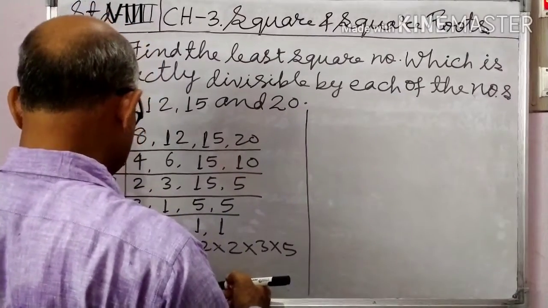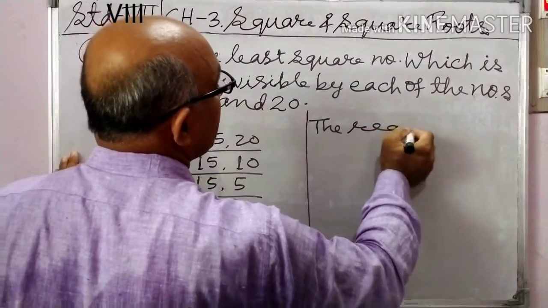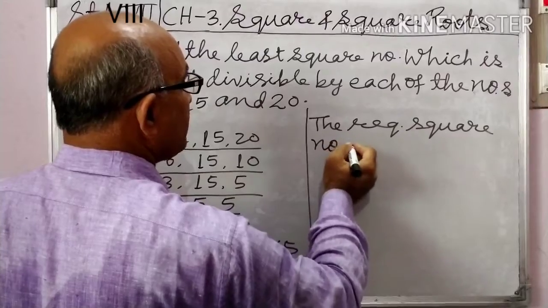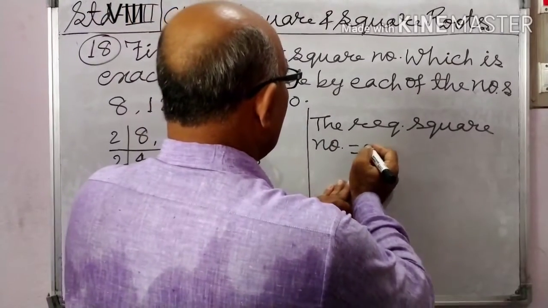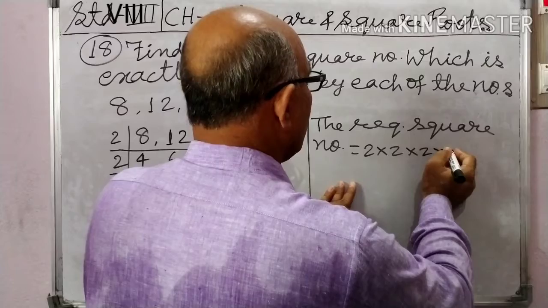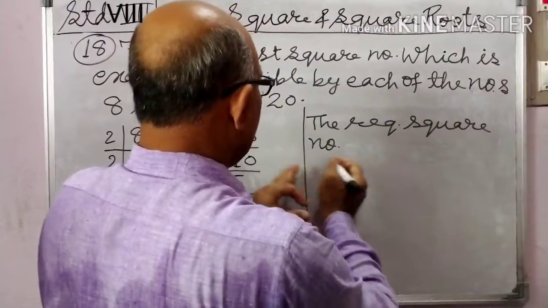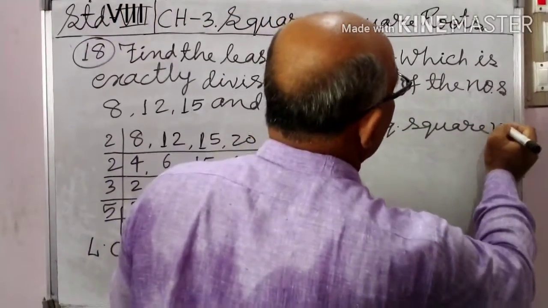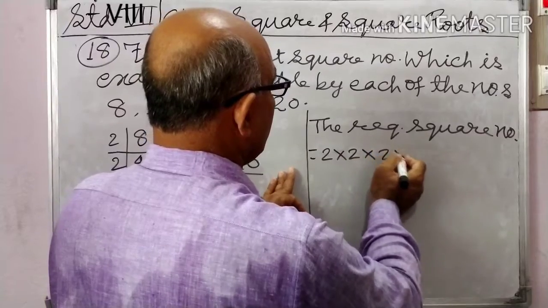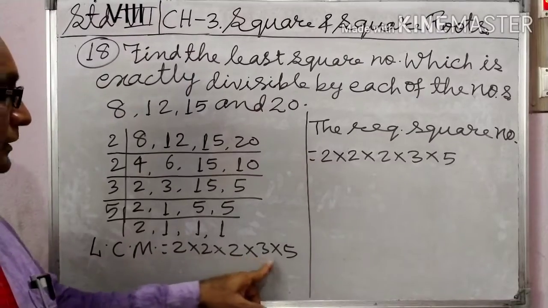Now here the required square number. The LCM is 2 into 2 into 2 into 3 into 5.